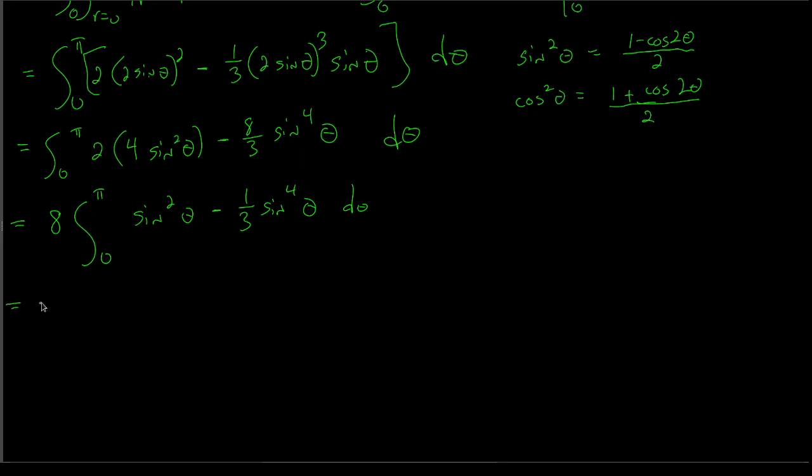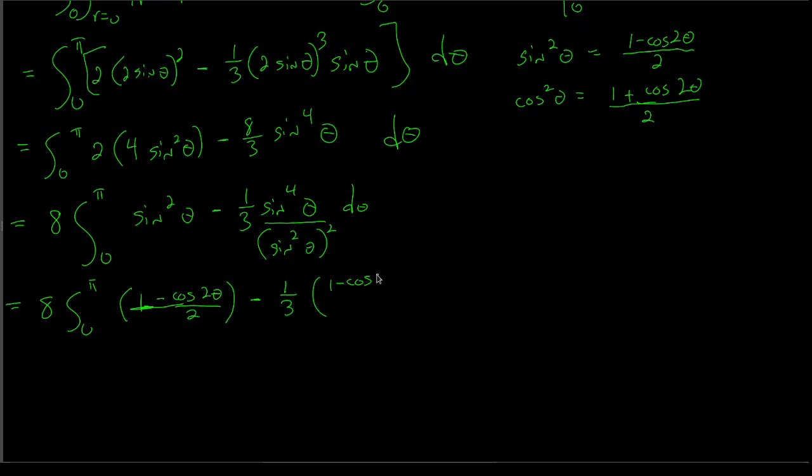So let's see, I'm still going to have my 8 outside, 0 to pi. And so I'm going to have (1 minus cosine 2 theta) over 2, whoops, all over 2, minus 1/3. Well, this is sine squared theta squared. So I'm going to have ((1 minus cosine 2 theta) over 2) squared d theta.